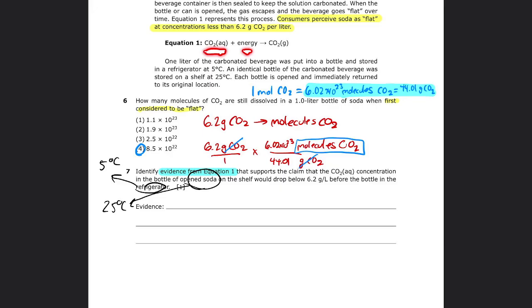When you put energy into that, it is going to form CO2 gas. So our evidence from this equation is that energy is a reactant. If we increase the amount of energy, we're going to ultimately end up driving this reaction forward and forming more CO2 gas, which is what we don't want. We want it to stay in the aqueous form. So all I'm going to say is in equation 1, energy is a reactant.